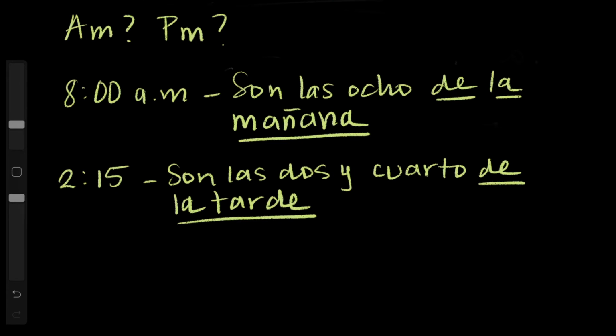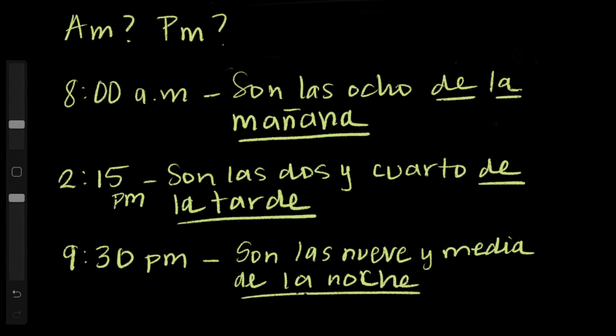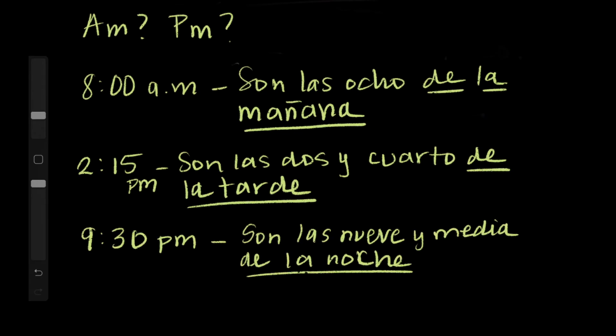And for 9:30 p.m., we're gonna say son las 9:30 de la noche. Now we only use the expression de la noche from sundown until midnight, and then it's back to de la mañana.